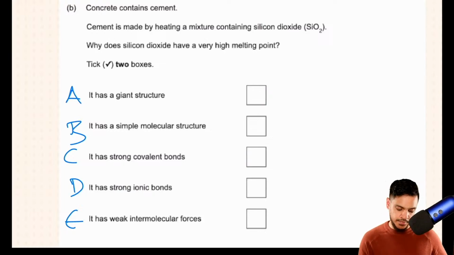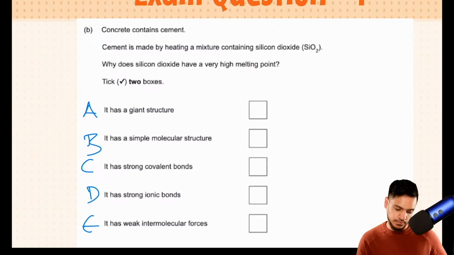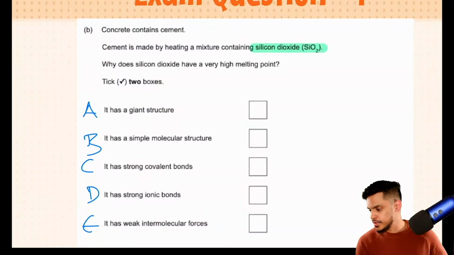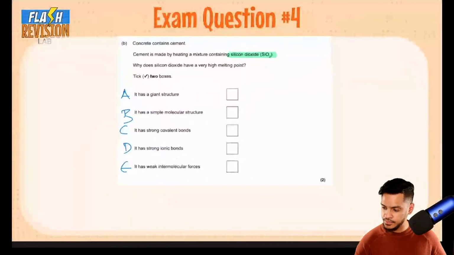Would you guys say it's A, B, C, D, or E? Any answers? Why does it have a high melting point? So high melting point means it's going to be hard to break those bonds, right? What type of bonds are we dealing with here?